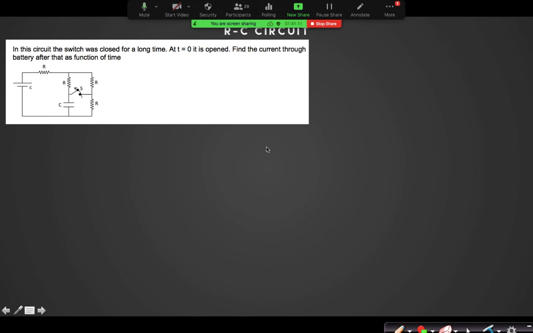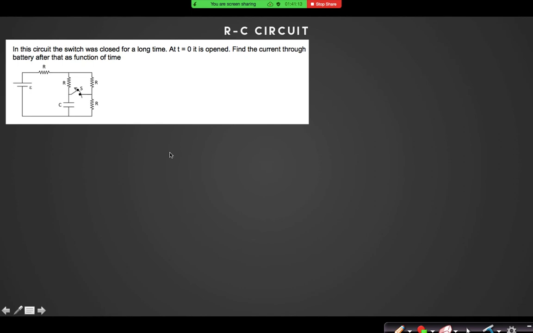Okay, let's solve this circuit first. It's saying that the switch was closed for a long time. So just before opening it, that means I'm talking about t equal to 0 plus, right? At t equal to 0 minus, the circuit was something like this, just before opening that switch.